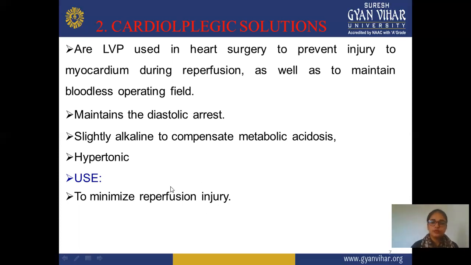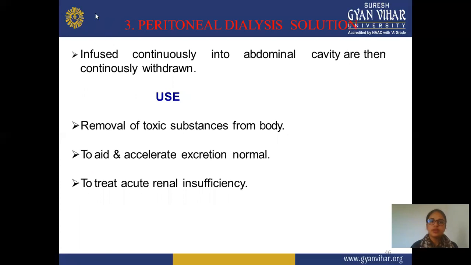So this is the hypertonic solution, and next is the peritoneal dialysis solution. It is the third type of large volume parenteral. In the peritoneal dialysis solution, the solution is infused continuously into the abdominal cavity and continuously withdrawn.